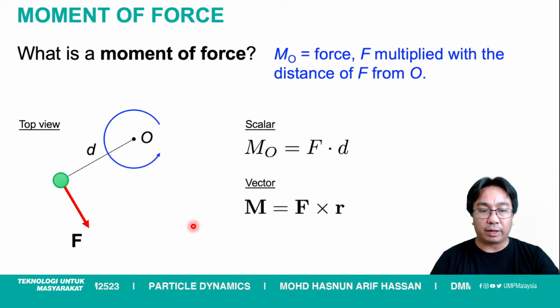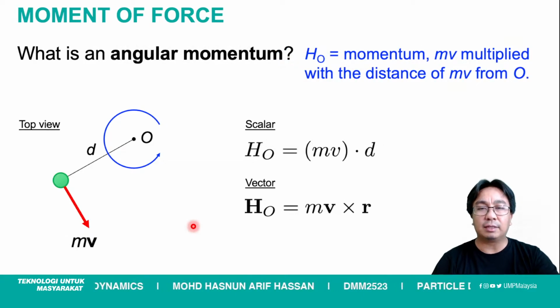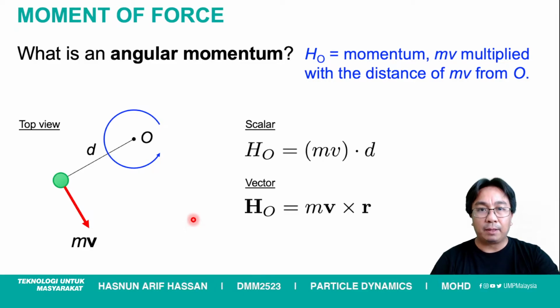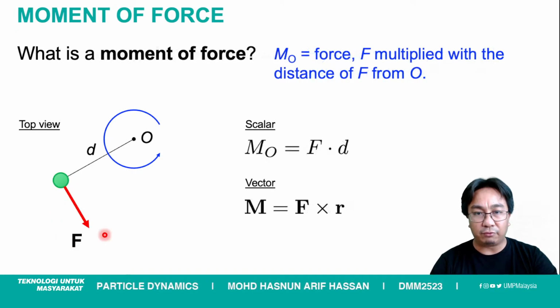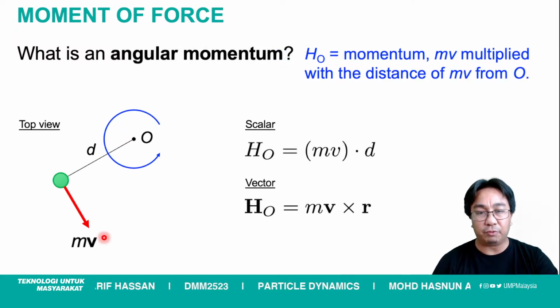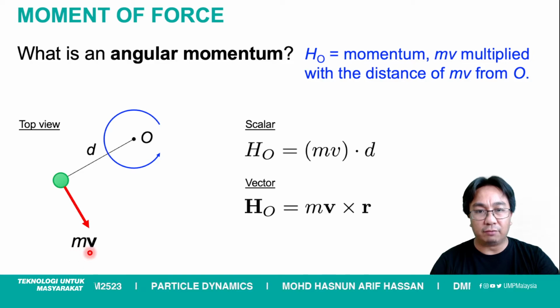Now let's look at what the angular momentum is. This is an almost similar term, whereas for the angular momentum, if previously we had a force here, now this is replaced with momentum, and as we have learned before, momentum is equal to mass times velocity.